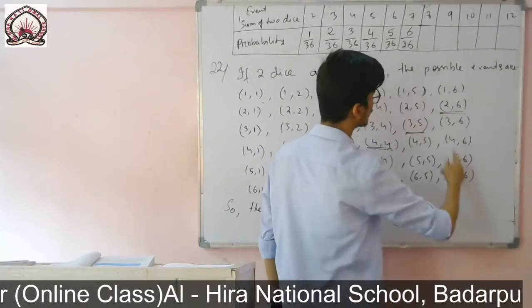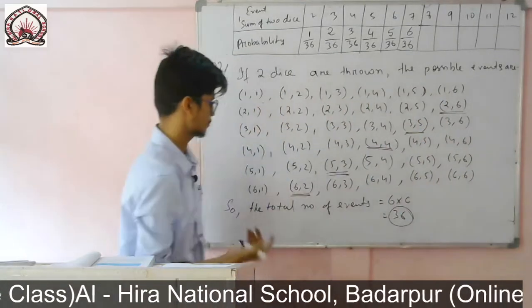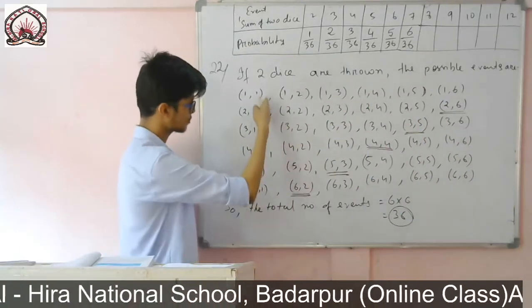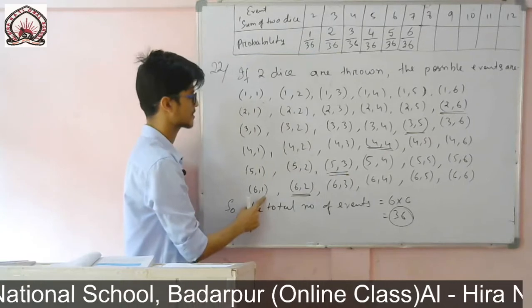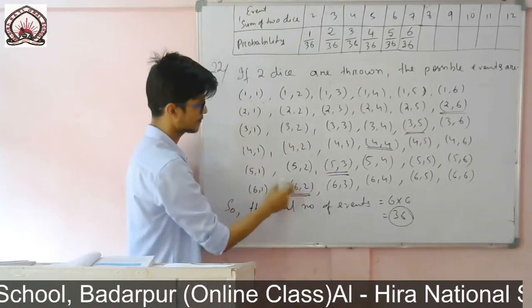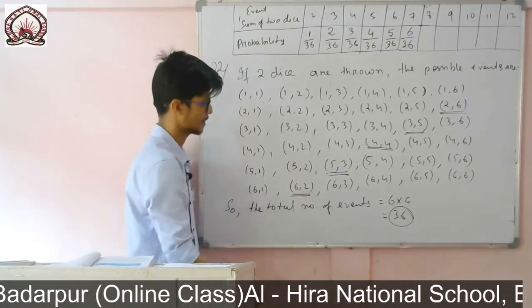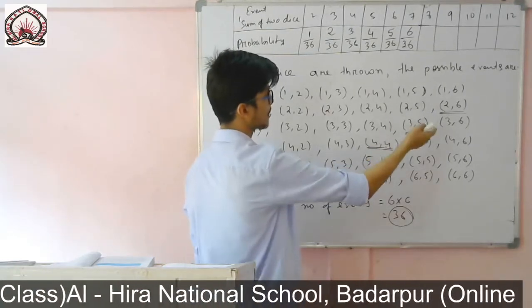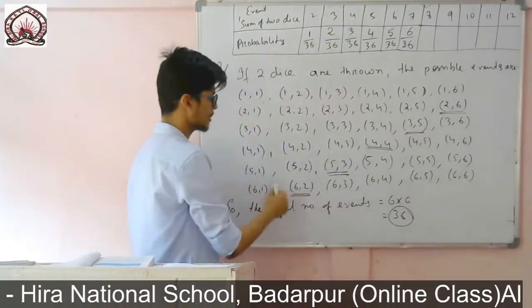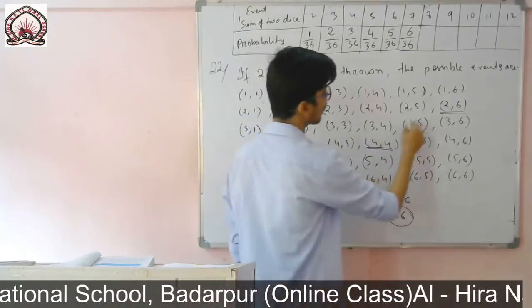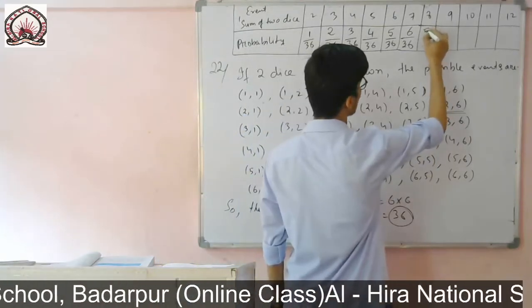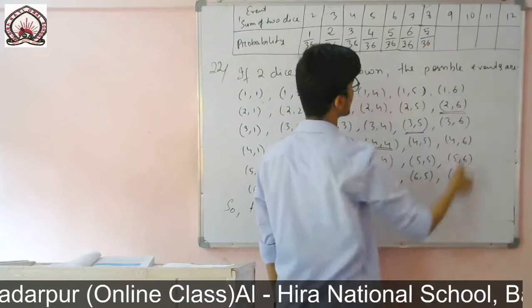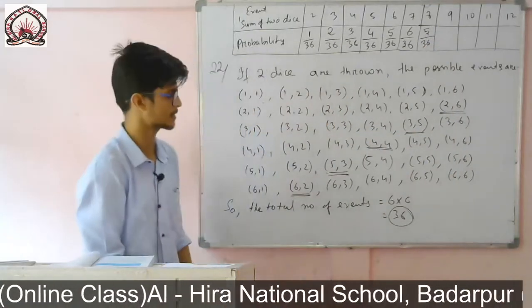In one row you will get only one. So you have to find only one. In this row the maximum is 6 plus 1, 7, so you leave this row and start finding from here. 6 plus 2 is 8, 5 plus 3 is 8, 4 plus 4 is 8, 3 plus 5 is 8, 2 plus 6 is 8. So how many events? 1, 2, 3, 4, 5. So favorable outcome will be 5 divided by the total possible outcome, that is 36.